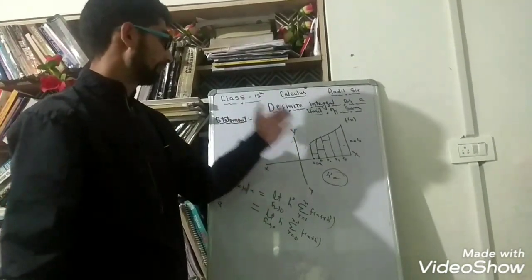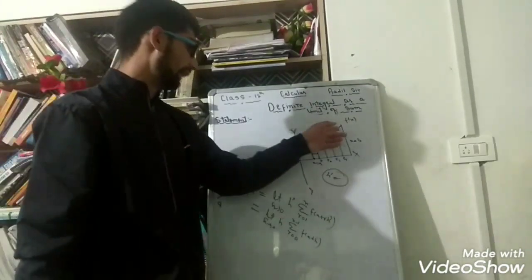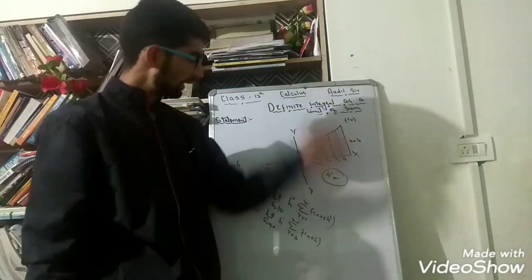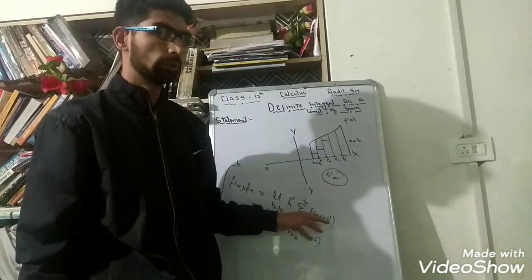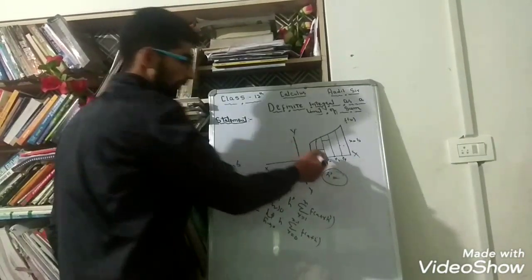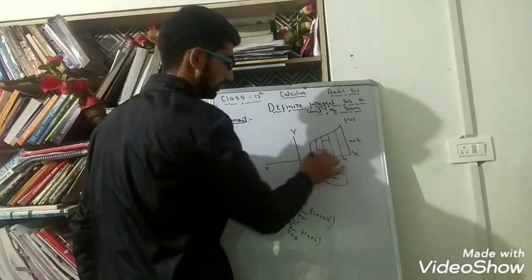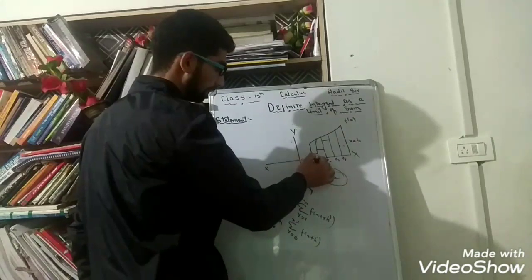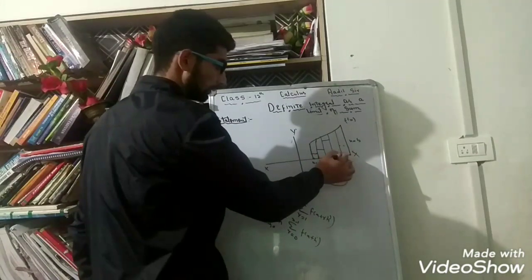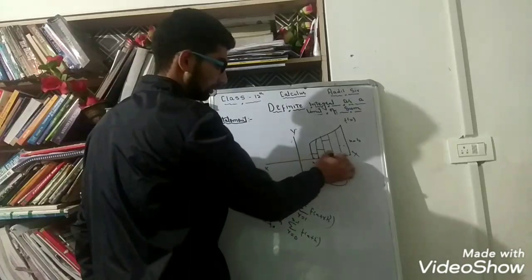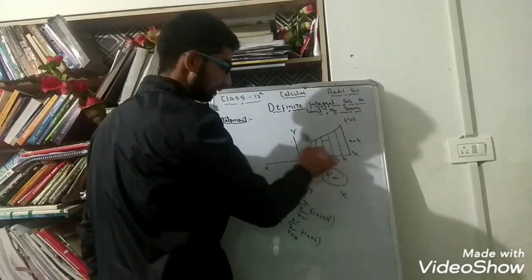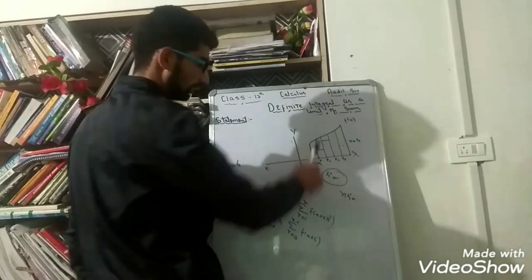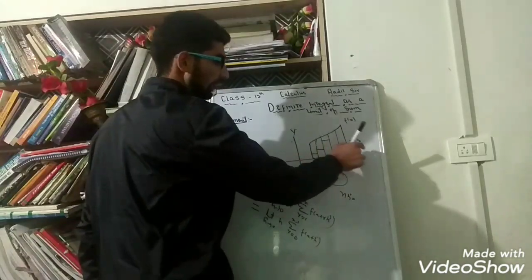So the definite integral as a limit of sum is also equal to this area under this curve. Now we have divided this distance from x is equal to a to x is equal to b into n equal parts. How many parts do we have? n, and the distance of each part is h. So this nh is the distance from x is equal to a to x is equal to b.